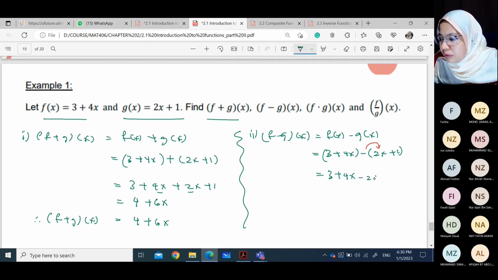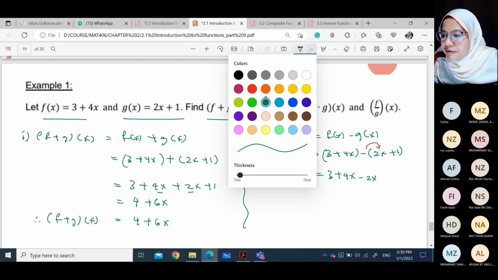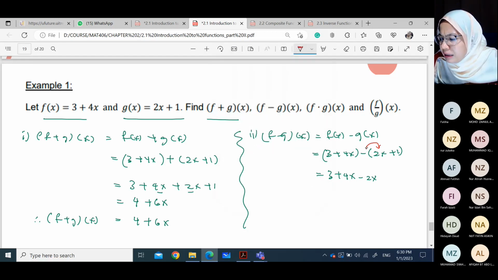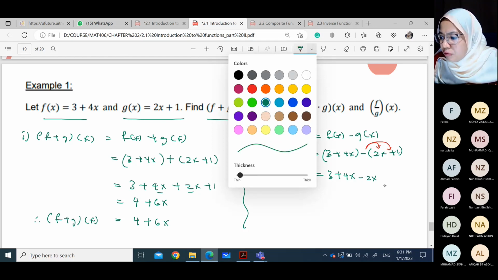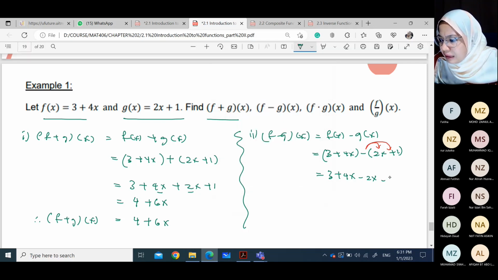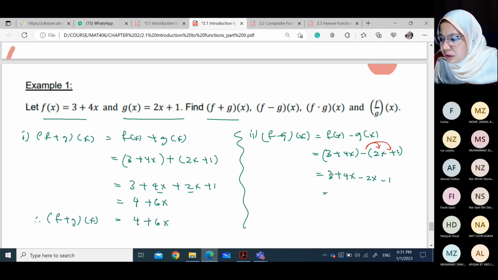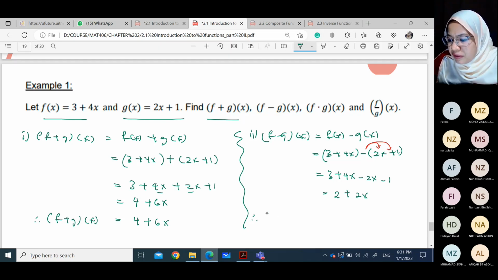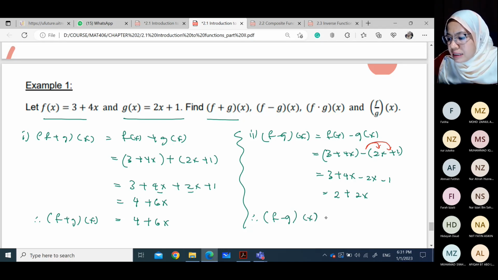And negative times plus 1, we have negative 1. Okay. So 3 minus 1 is 2. Plus 4x minus 2x, we have 2x. Okay, so therefore, (f minus g)(x) is equivalent with 2 plus 2x.